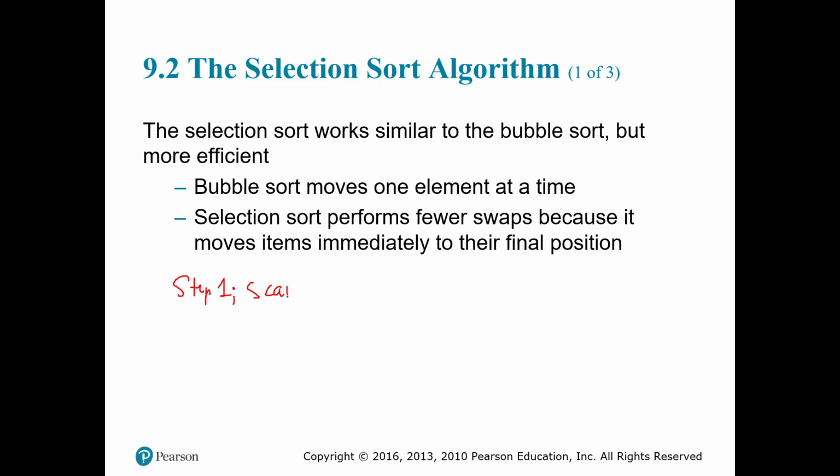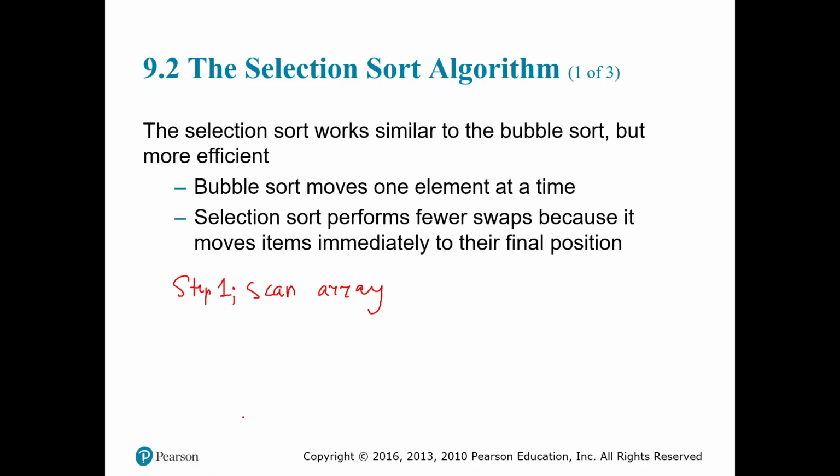The first step is going to be to scan the whole array. And after that, it's going to find the smallest and largest element in the array. So we're going to find the maximum number. Let's take an array of numbers. We'll take the largest number and the smallest number in the array, and then we're just going to swap them.